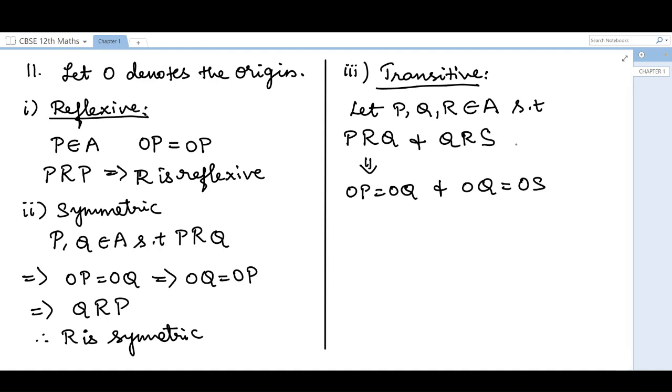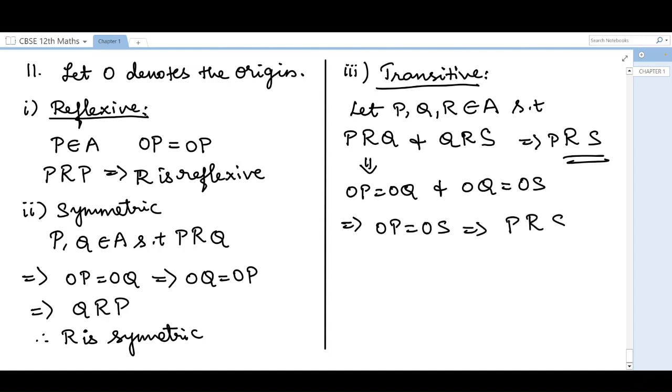What we need to prove is P is related to S. So we want to prove OP equal to OS. Since OP equal to OQ and OQ equal to OS, we can write OP equal to OS. So this implies P is related to the point S.